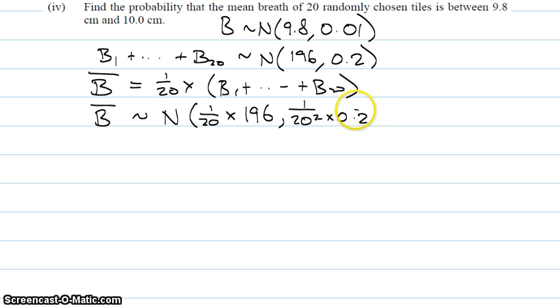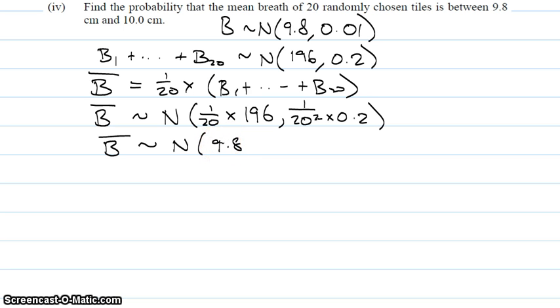Let's work that out explicitly. B hat is normally distributed with a mean of 9.8, which makes sense: the average is 9.8, so the average of the average should also be 9.8.